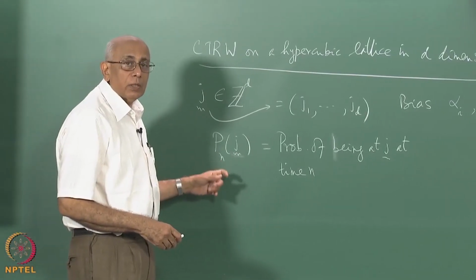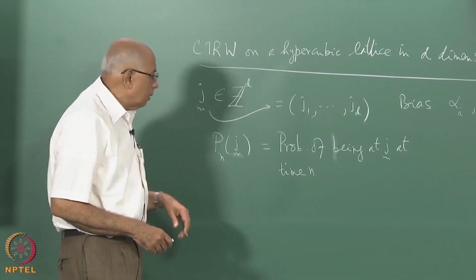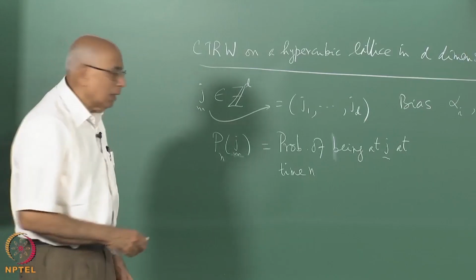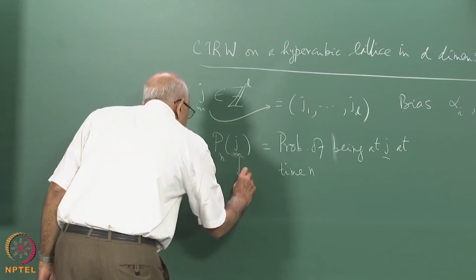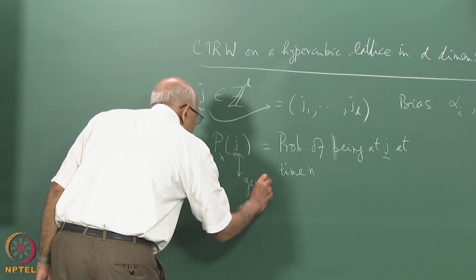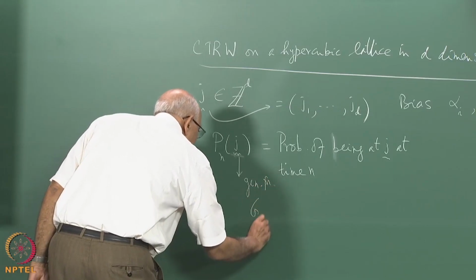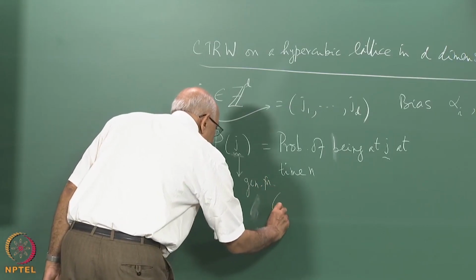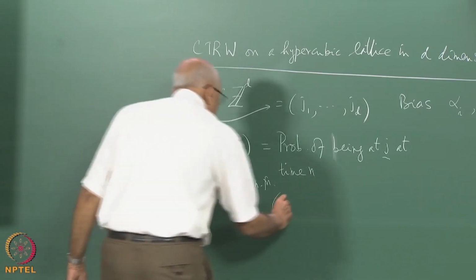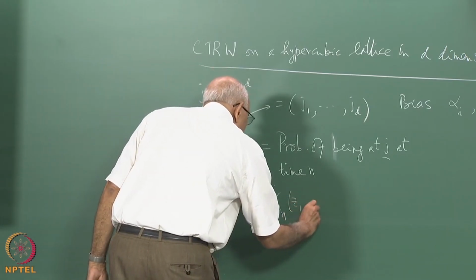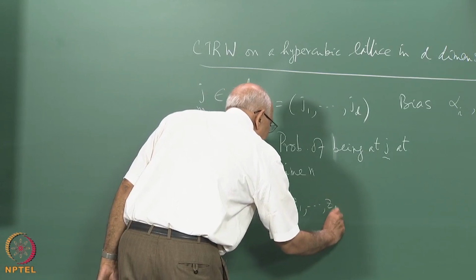In fact, we know what this fellow is explicitly. We looked at its generating function, and let us call that g sub n of z1 up to zd.